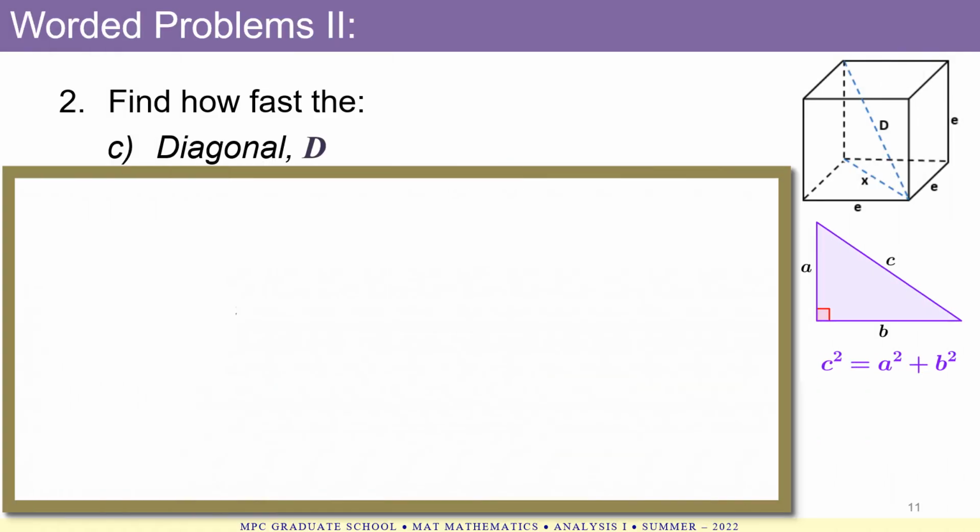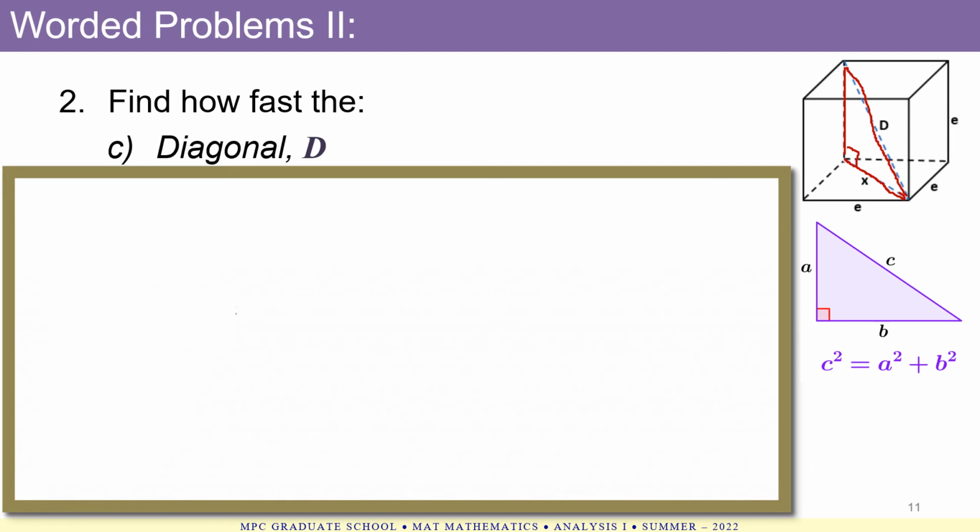Next, the diagonal. For the diagonal, we do not have a formula, but we can use the Pythagorean theorem, because as you can see, the d here together with the diagonal x and the edge here make a right triangle, where d is the hypotenuse.